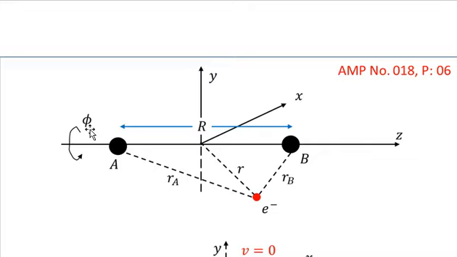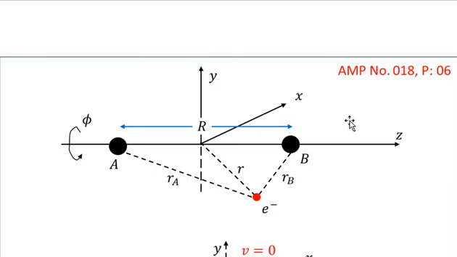And you know that phi indicates the position or the revolution of the electron. So this electron will revolve around the z-axis, and phi will give the position of the electron on the surface of the ellipsoid. When phi is equal to 0, the electron will be located on the xz plane, not on the x-axis, but on the xz plane.